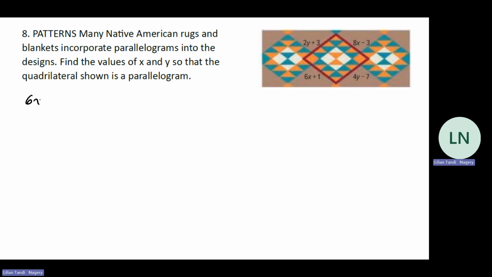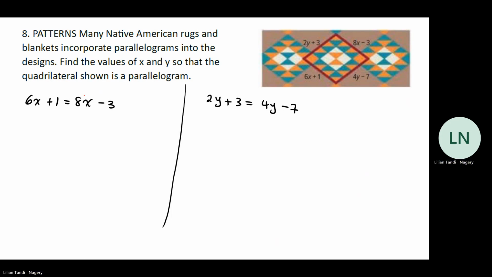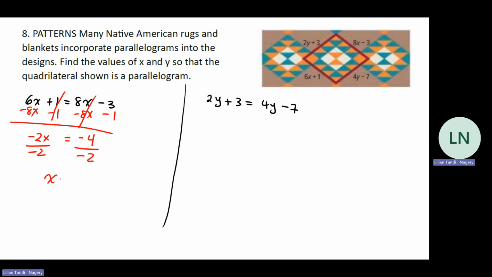So I'll do here 6x plus 1 is equal to 8x minus 3, and then here 2y plus 3 is equal to 4y minus 7. Okay? So then minus 1, minus 1, minus 8x, minus 8x. Negative 2x is equal to negative 4. Divide by negative 2, x is 2. Box your answer.